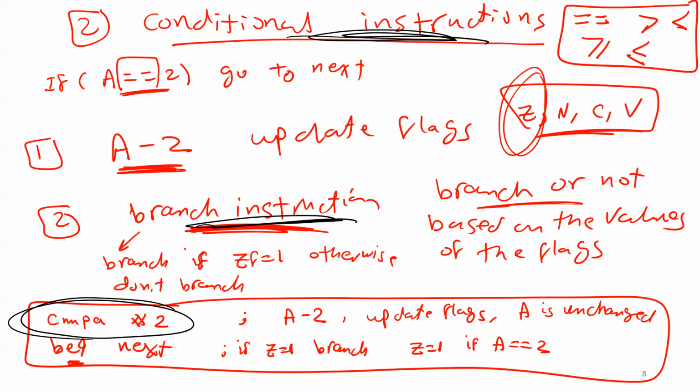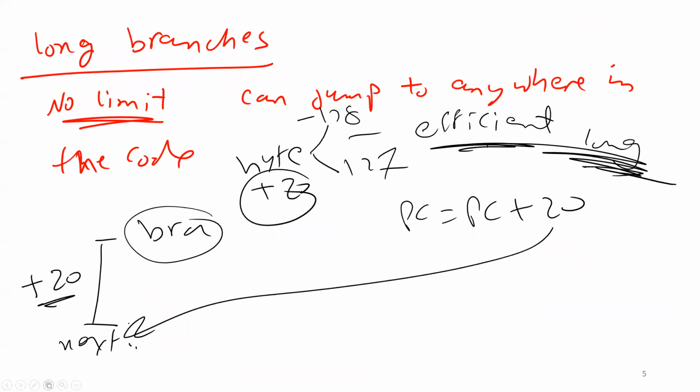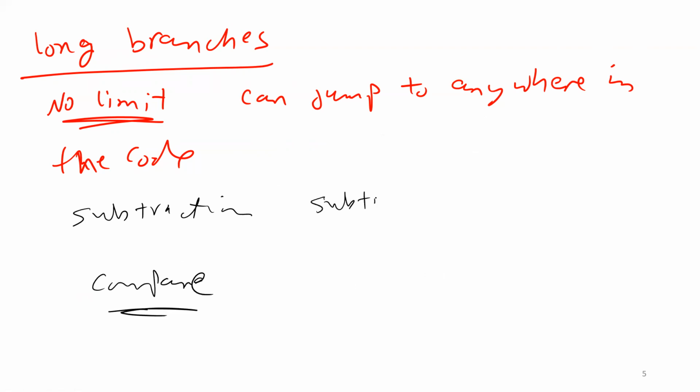That is why they made a new instruction, and this instruction is called the compare instruction. So what is the difference between compare and subtraction? Let me write it here. If you use the subtraction and compare instructions, this one is going to subtract, and this one also is going to subtract.